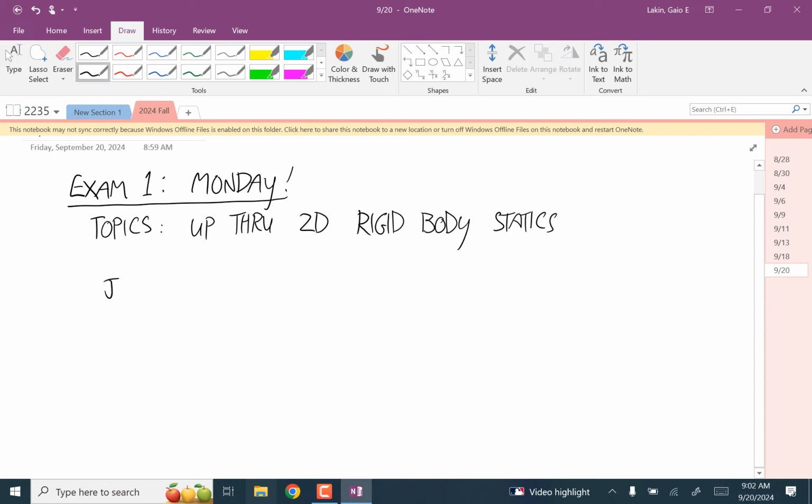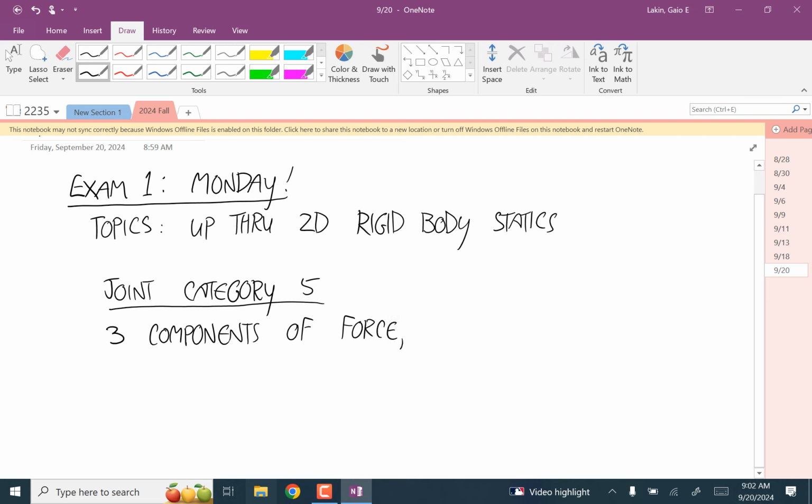Okay, so joint category 5. This introduces 3 components of force, two components of couple. And so it introduces 5 variables into Newton's laws.